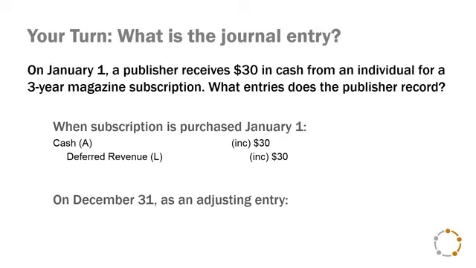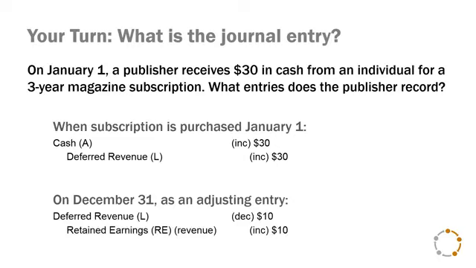So on December 31st, at the end of the first year, we'll record an adjusting entry. Now remember, at the end of the first year, the company will have provided some magazines to the customer and will be entitled to record the earned portion of the revenue as revenue.